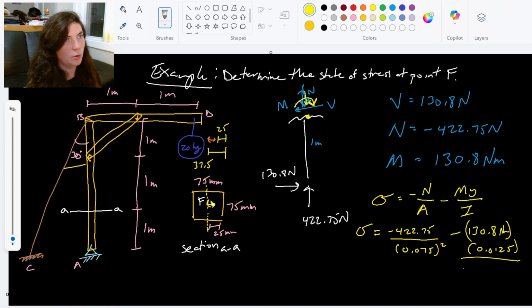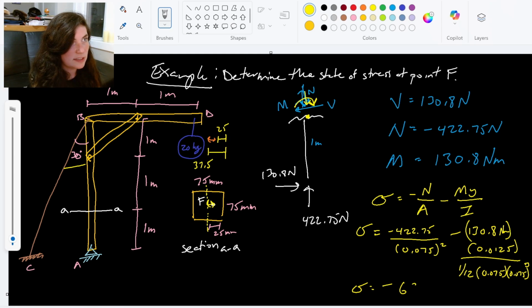Our y value, and then moment of inertia, 1/12 base. Base is 0.075 times height, 0.075 cubed. And then I just need to plug all of that into the calculator to get a normal stress of negative 695,444 pascals.